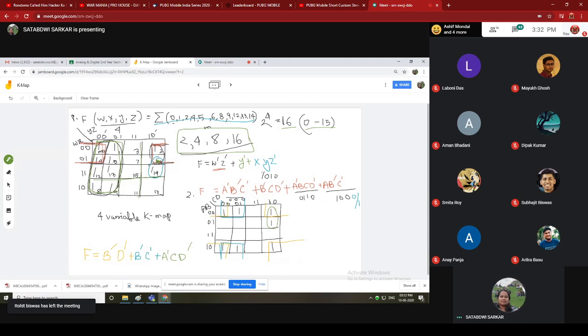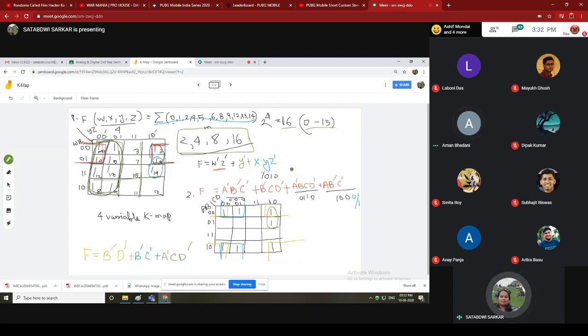X is the same, the value of X is 1. So we are putting X, Y, because the value of Y is the same, 1, and Z value is 0, so Z bar.